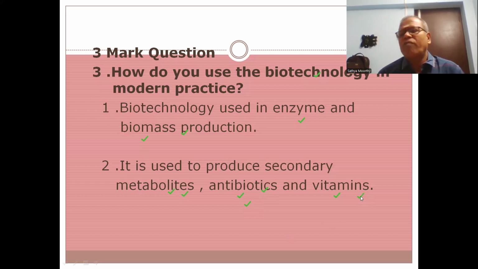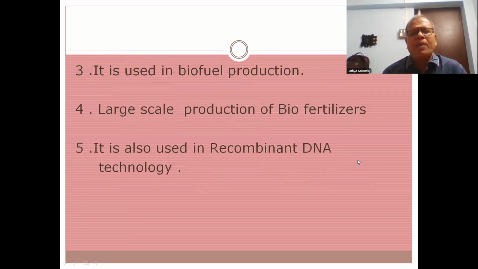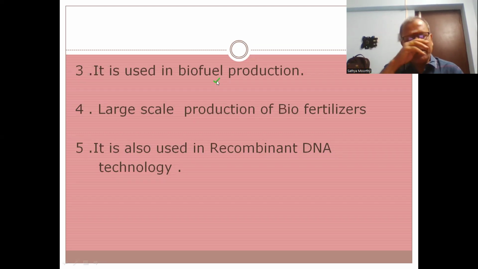And vitamins, fat-soluble and water-soluble vitamins. We can produce vitamins also through biotechnology, especially large-scale production. Then it is used in biofuel production. Biofuel production using algae. Algae, especially the blue-green algae, cyanobacteria, have the ability to produce biofuel. So large-scale production of biofuel and large-scale production of biofertilizers.